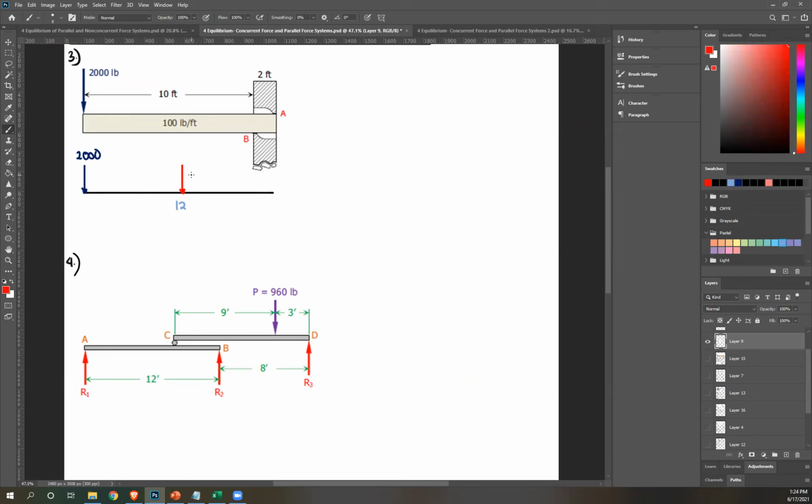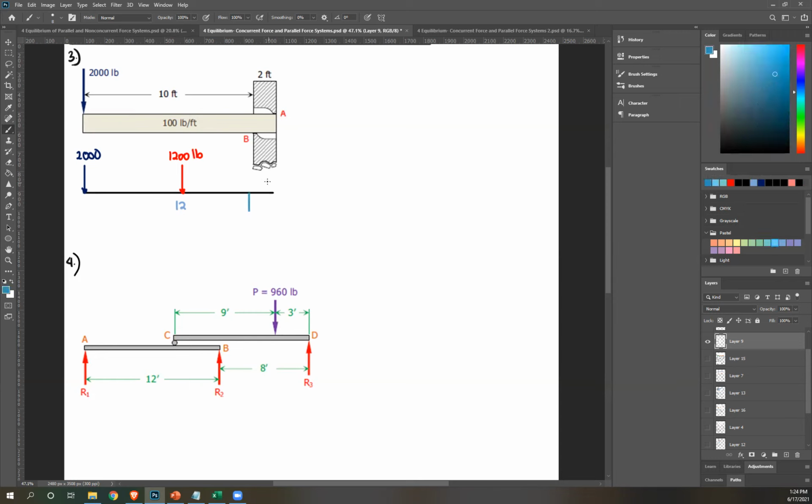This is your weight, and that weight is equal to your pound per foot. So 100 pound per foot multiplied by the entire span, right? Because this is just a rectangle, this is the weight. So that's your omega. So 100 times 12, that's 1,200 pounds. Okay, and then we have reactions here.